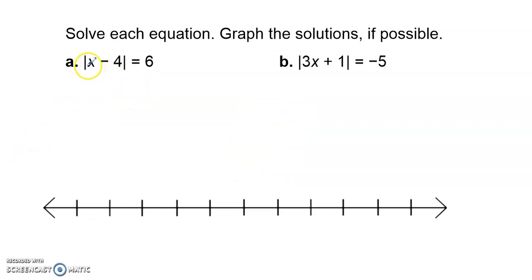Alright, we've got the absolute value of x minus 4 equals 6. So we're going to start out by writing our two equations. So we've got this one, and then we also have x minus 4 equals -6. So positive and -6. So we are going to add 4 on both sides.